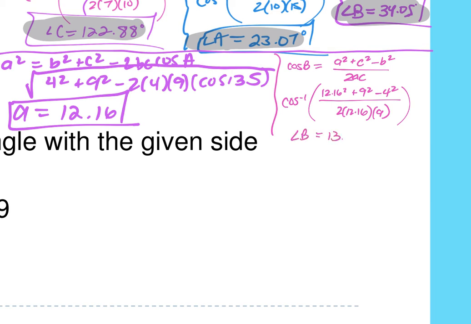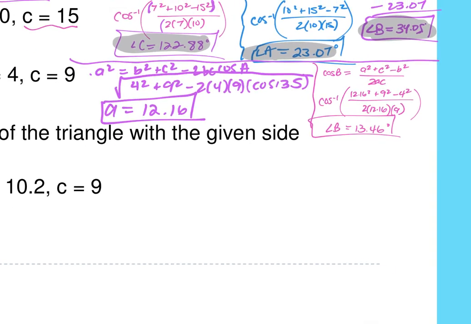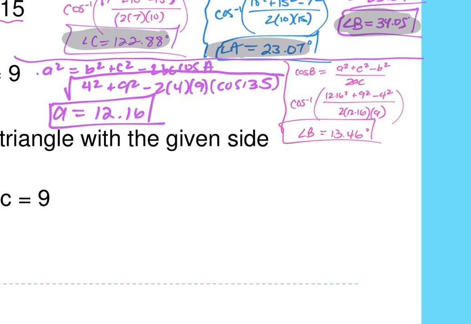Angle B is 13.46. And then the last thing I need to find is angle C. So I'm just going to subtract the other 2 from 180. Oops. Oh, dang.